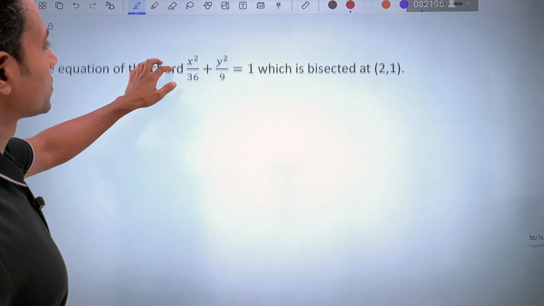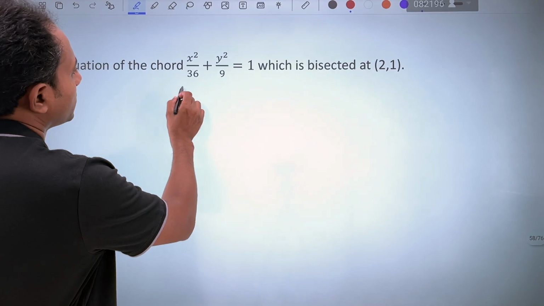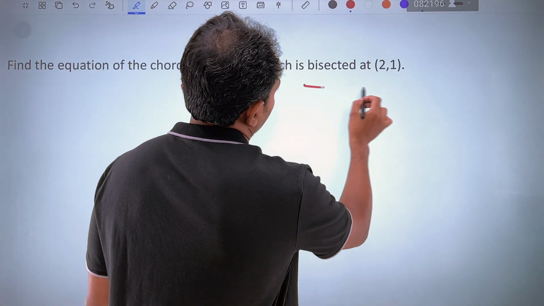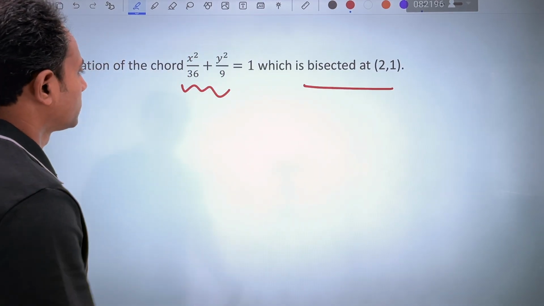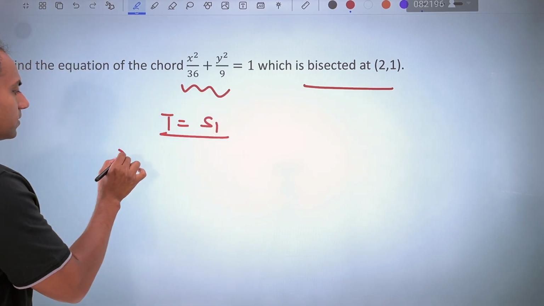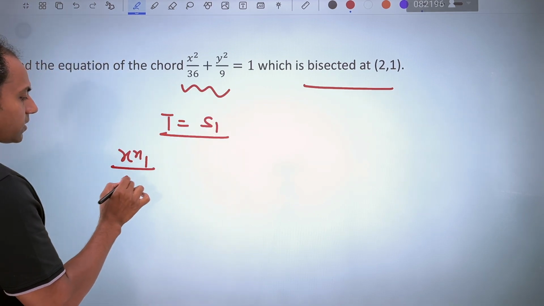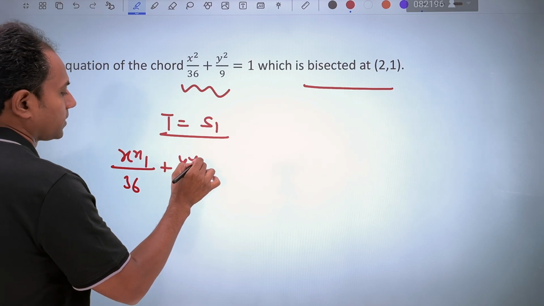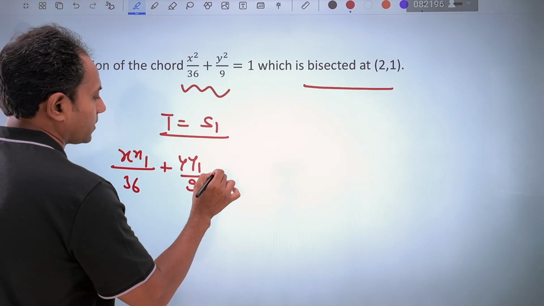Now a very simple question to illustrate the idea would be: the equation of ellipse is given, find the chord bisected at (2, 1). So we will be able to write T is equal to S1. T will become x x1 by 36 plus y y1 by 9 minus 1.